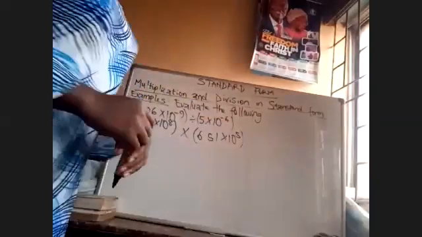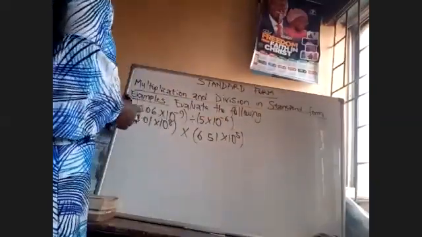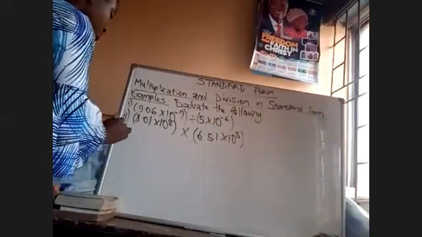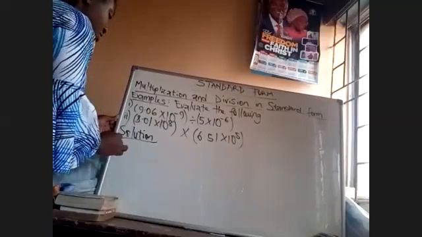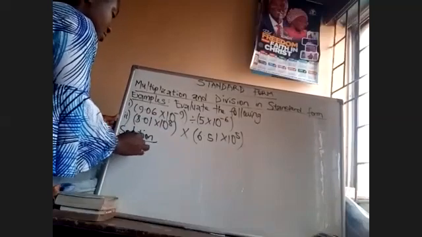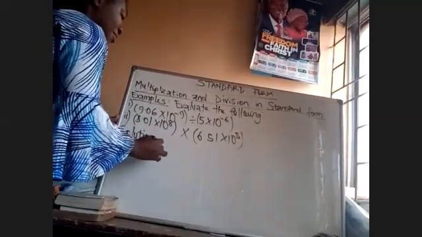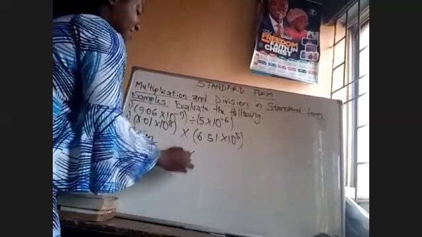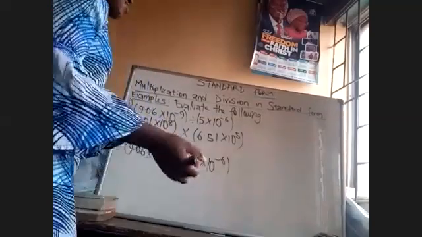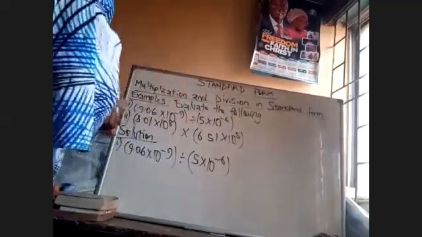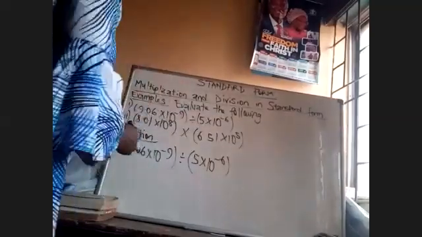So evaluating the following, solution. The first question is 9.06 times 10 raised to power minus 9 divided by 5 times 10 raised to power minus 6. So if we're asked to solve this, how do we go about it?